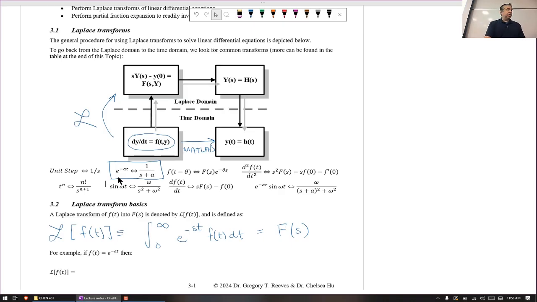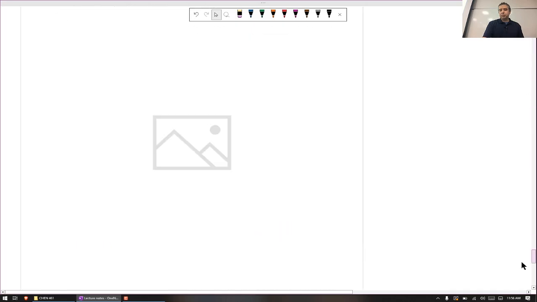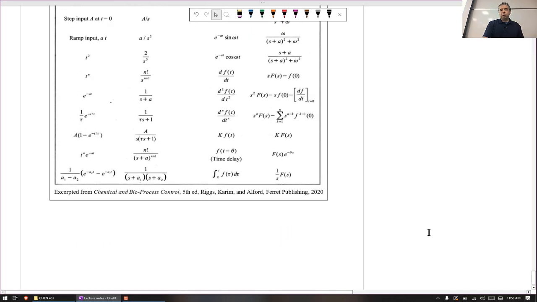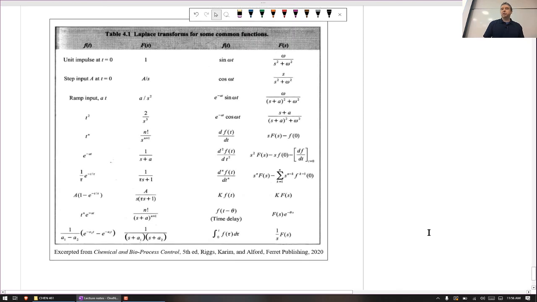Before I move on further on partial fraction expansion, if I scroll down to the very last page of this topic, we have a more comprehensive table of the different Laplace transforms you might encounter. One of them is right here, which is the one I just mentioned. And we will eventually, in the next couple days, get to these two as well.